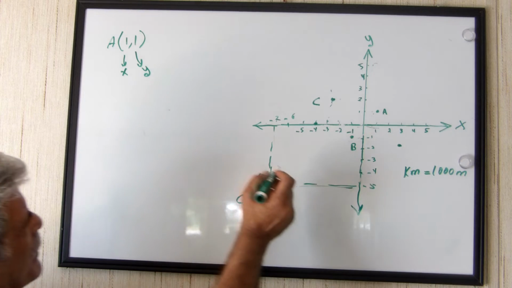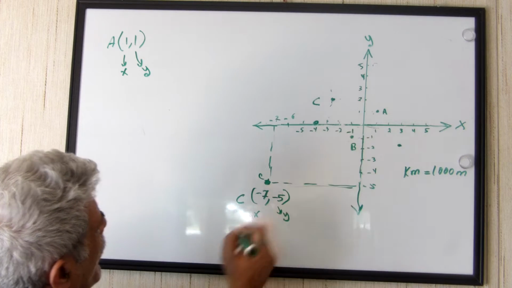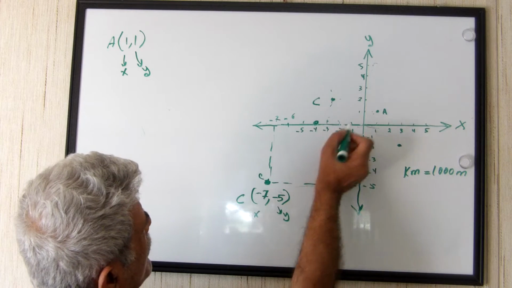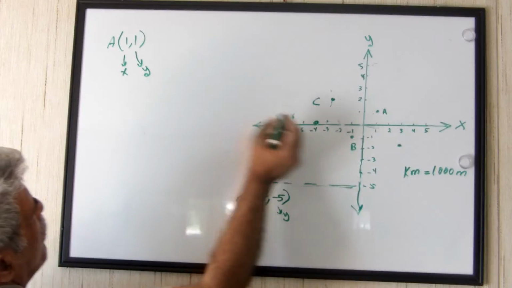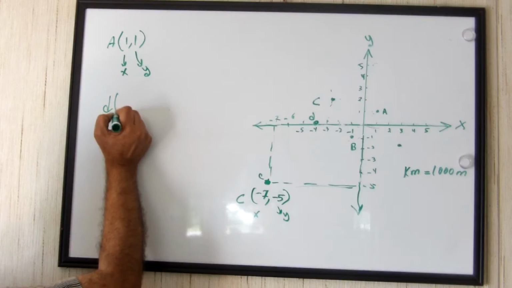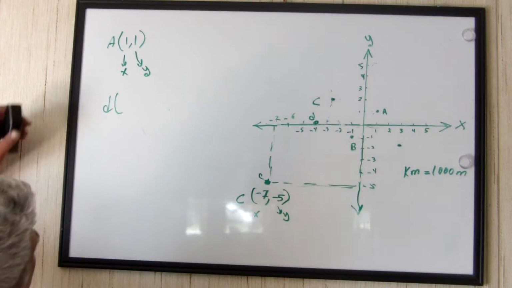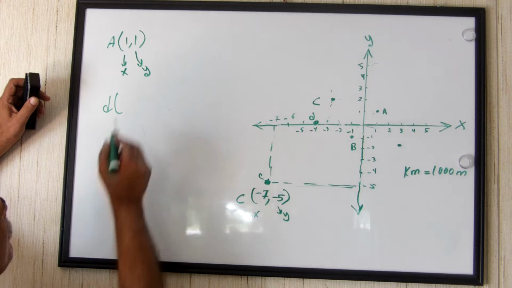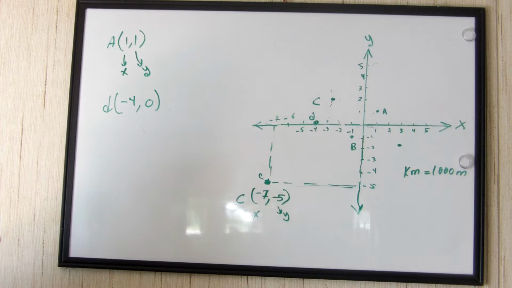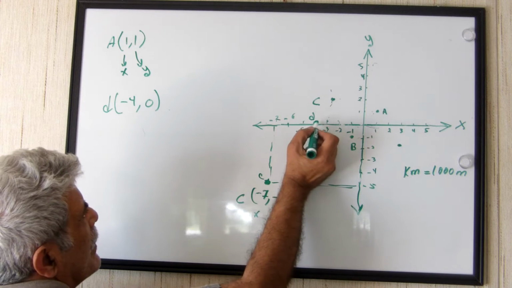We locate another point here. What is this? The x is -4, but y is 0. So point D has x coordinate -4 and y 0. We don't have y there, it is on this axis.